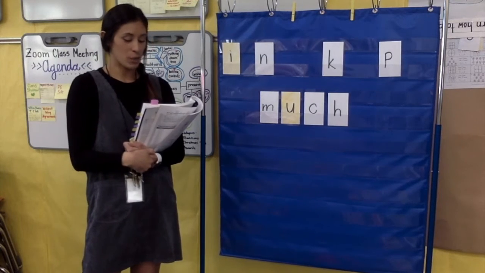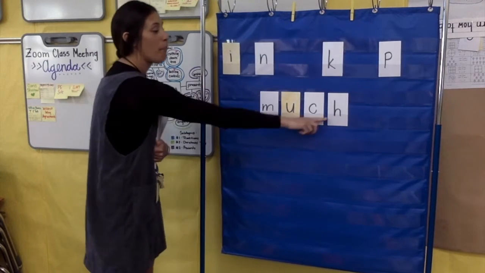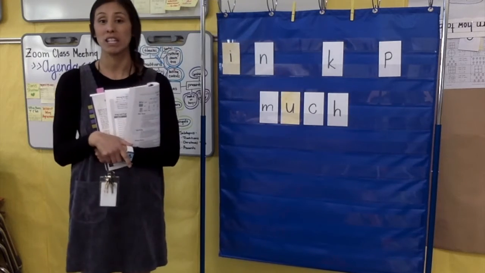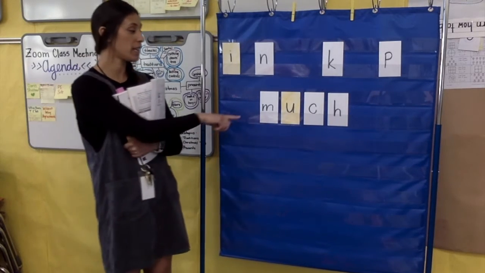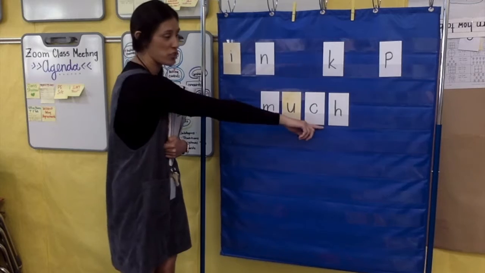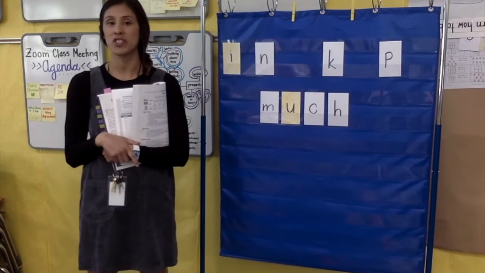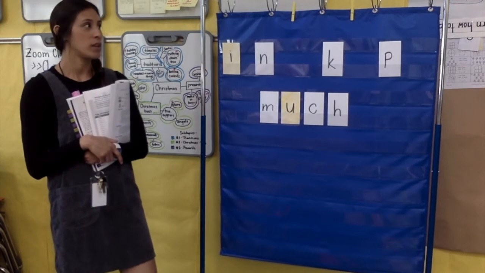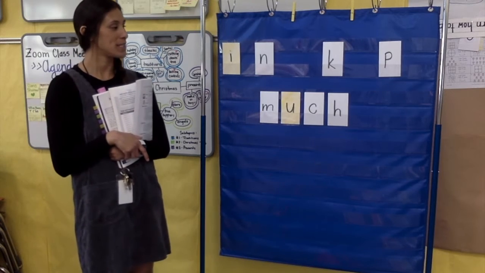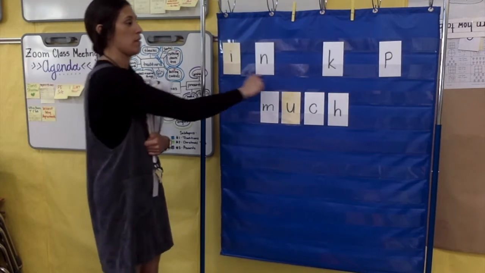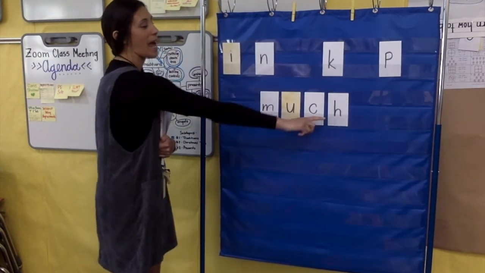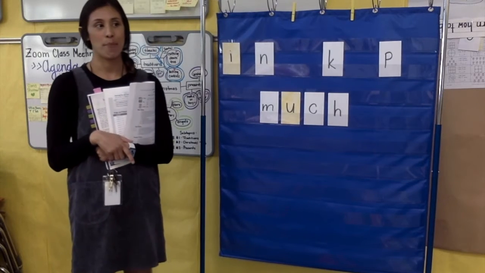So we are going to add a letter to the word much to make it munch. So we're adding a letter to the word much to make munch. So say that word out loud. What sound are you hearing that we need to add into the word much to make it munch?